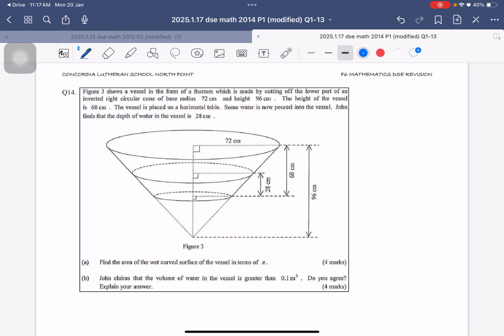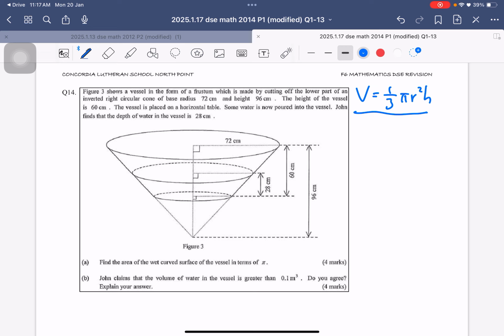So first of all, what's the volume of the cone? 1/3 pi r squared h. Okay. Do you have this formula in your brain?